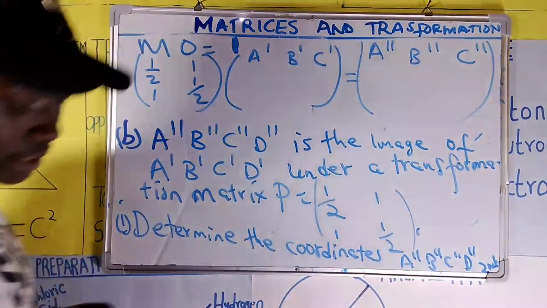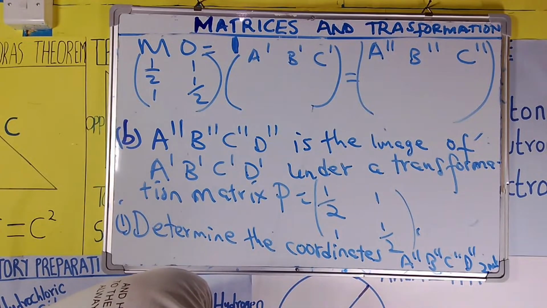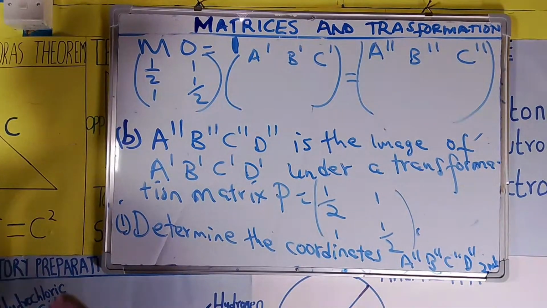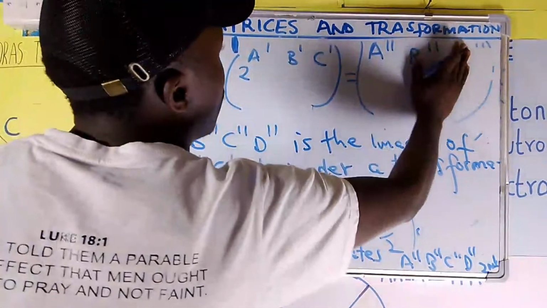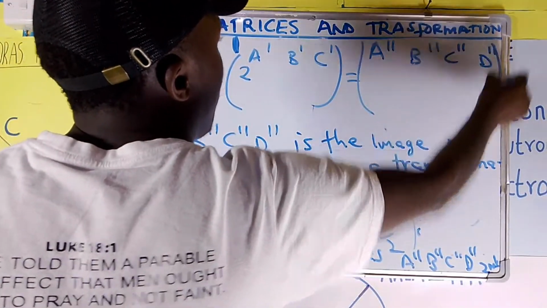As simple as that. Na tulipata coordinates za first image zikiwa 2, 2. Sorry, kuna C prime na D prime.